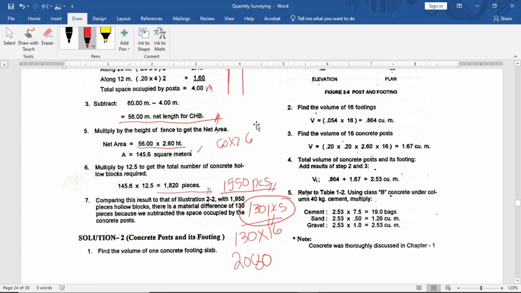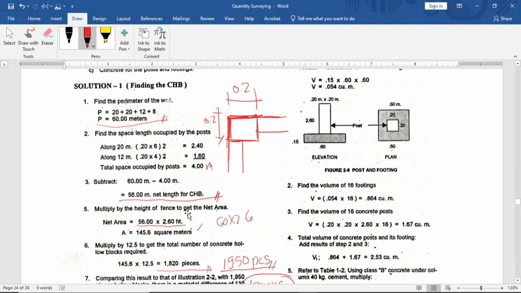So, malaking bagay rin yung pag-consider natin sa mga ganitong bagay. So, pagdating sa estimate, marami tayong dapat i-consider kung saan tayo mas makakamura. Laking bagay yung 2,000 pesos kung hindi natin i-consider yung sa mga columns. So, sa next solution naman natin is find the volume of one concrete footing slab.